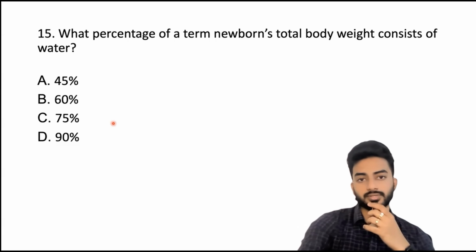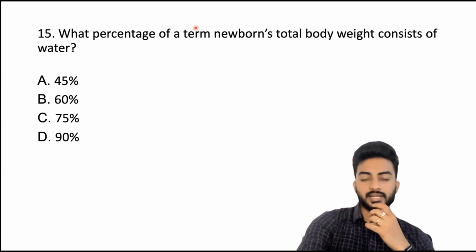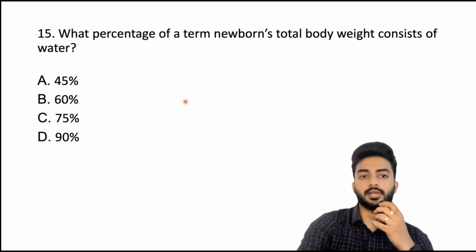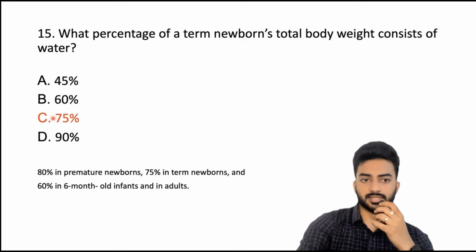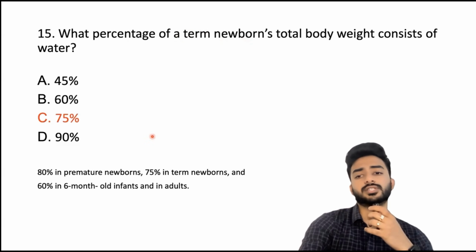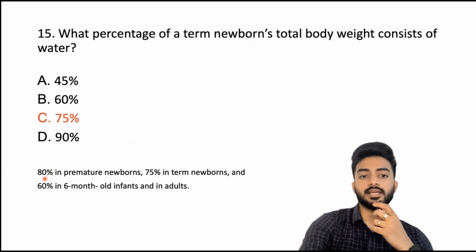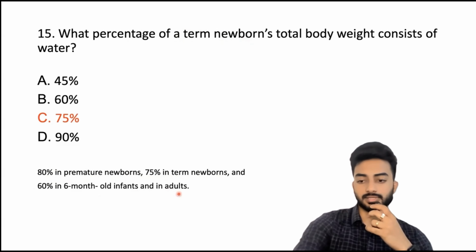In this we have to see whether it is a premature newborn or a normal fully healthy term newborn baby. So it is a term newborn baby, so the answer is 75%. We will also see other things, that is 80% to 90% in premature newborns and 75% in term newborns and 60% in 6-month-old infants, and in adults also 50 to 60%.